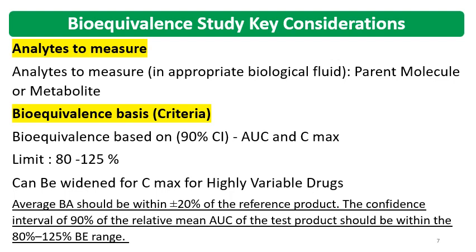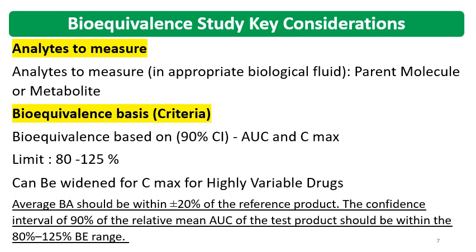Now coming to the bioequivalence criteria. As we know, the 90% CI limit for AUC and Cmax is 80 to 125, and this 80 to 125 limit can be widened for Cmax for some highly variable drugs. The average BA should be within the 20% range of the reference product. That would mean from 80 to 120, but it is not like that.